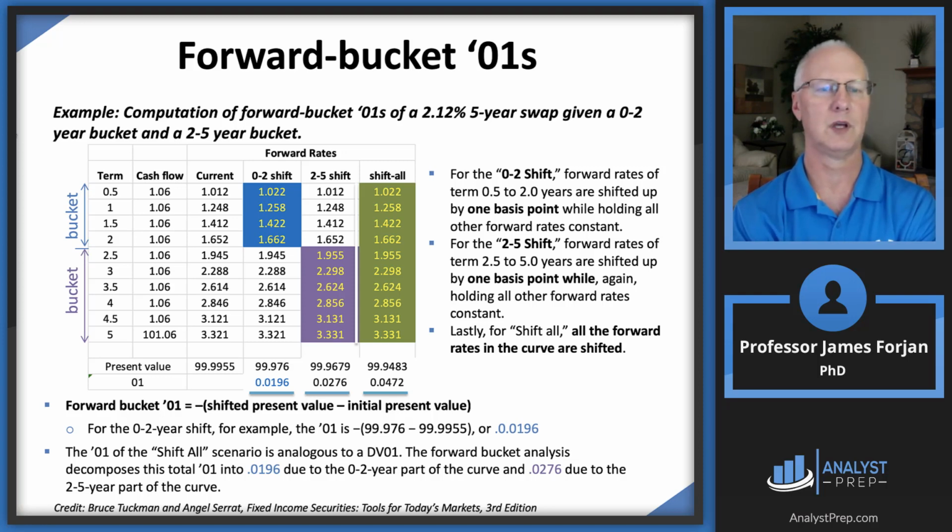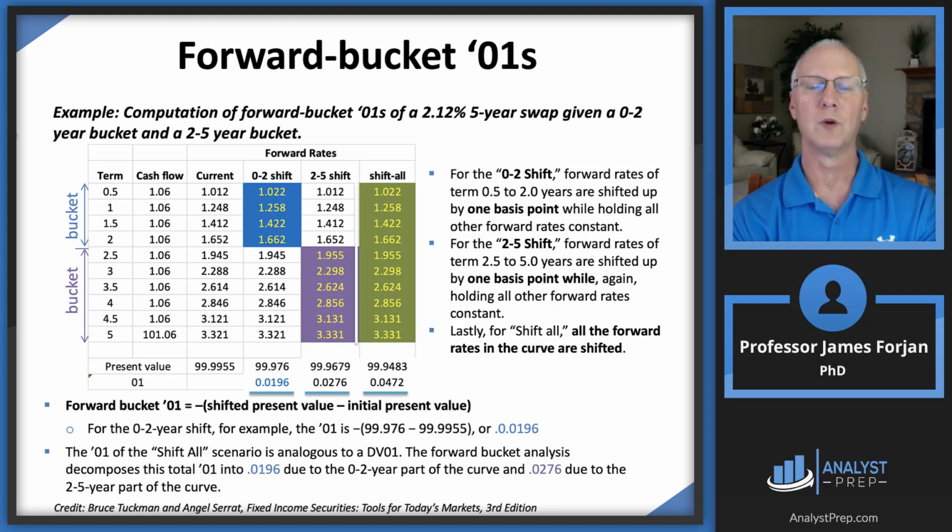If this is a coupon payment, 1.06 all the way down to year 5, where we get the 100 par value and the $1.06 in the coupon. All right, so notice the next column is the column of current forward rates, which we can observe, or we can compute, or we can estimate, right? We've done that in previous chapters.